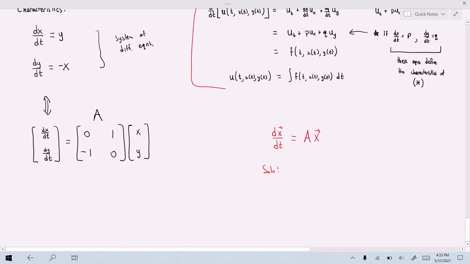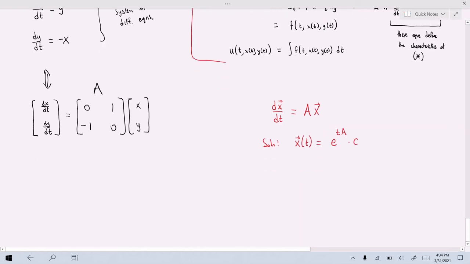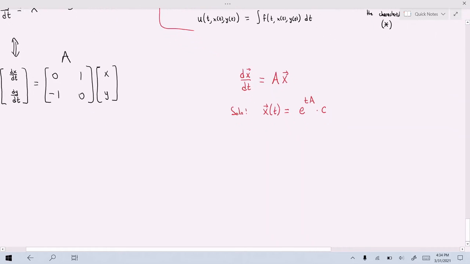The solution to this differential equation will be of the form e to the tA times possibly some constant vector c. This is analogous to the scalar differential equation dx/dt equals ax, having as a solution x equals e to the at times some constant c.